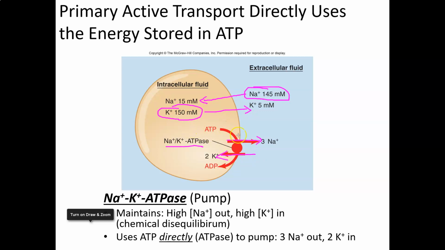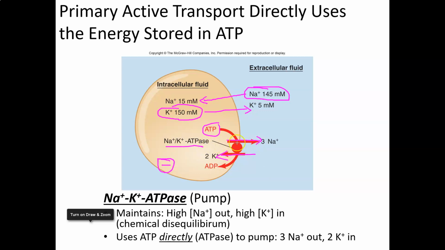All right? This is a primary active transport mechanism because we're breaking down ATP to ADP. And it does a couple things. First of all, it helps to keep the inside of the cell negative in terms of charge. Why? Well, think about your checking account.